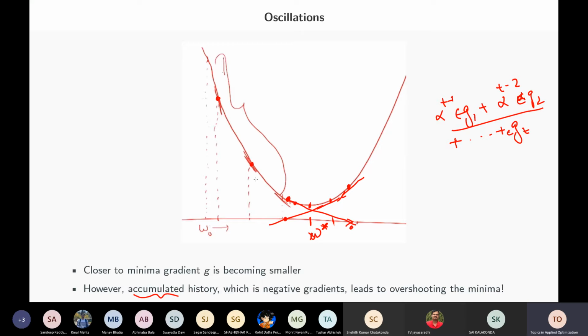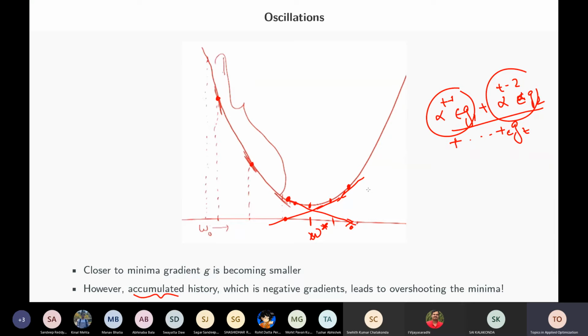But in the momentum based method, the additional thing that is happening is that we have the previous gradients being added. So if the history was decreasing, and I'm here, I am adding more decrease from the previous history. So this has the tendency that I will overshoot again, assuming that the epsilon step size was not touched.